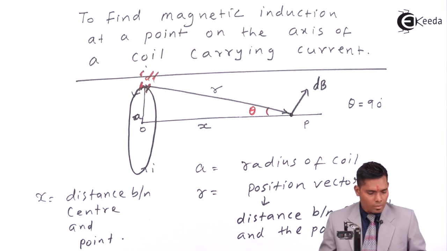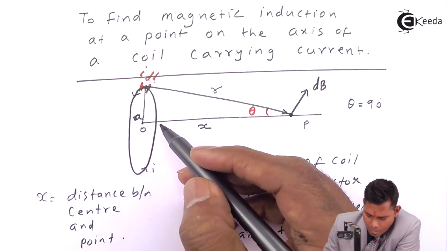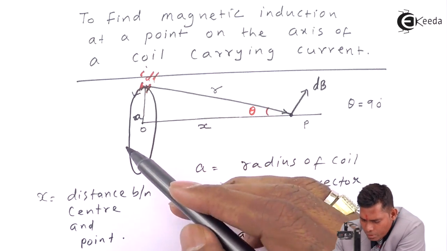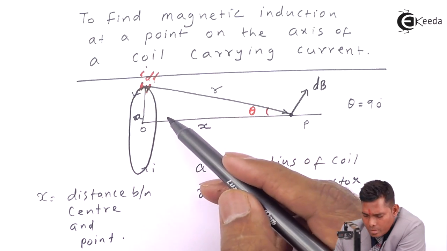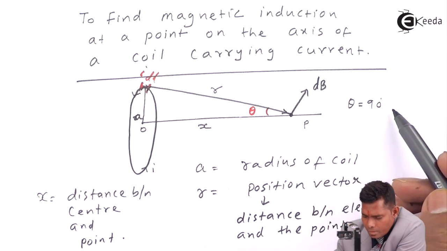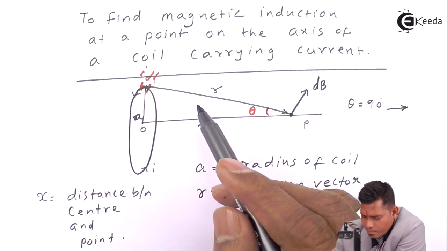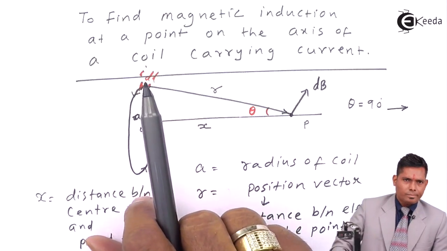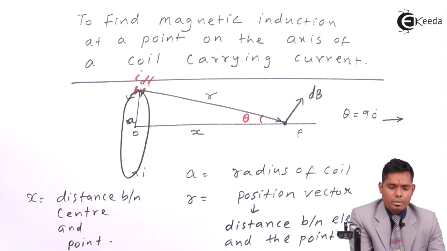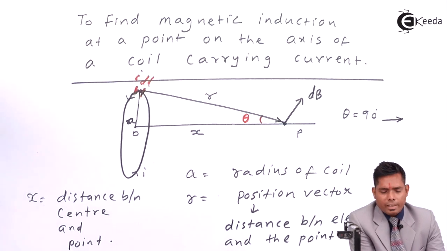Okay. Now this contribution of all the elements towards magnetic induction will be in this direction only. Why? Because it is a coil carrying current in this sense. I hold it like this.